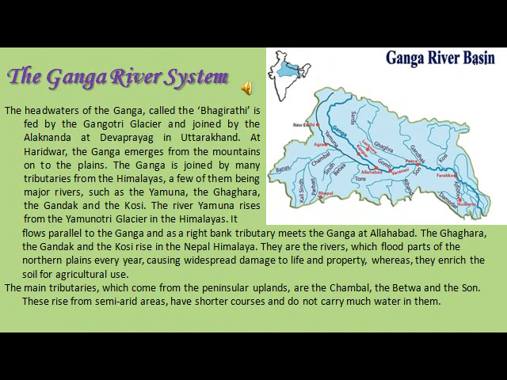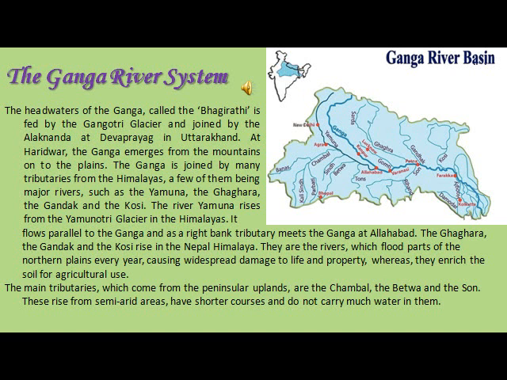The Ganga River system. The headwaters of the Ganga, called the Bhagirathi, is fed by the Gangotri glacier and joined by the Alaknanda at Devprayag in Uttarakhand. At Haridwar, the Ganga emerges from the mountains onto the plains.